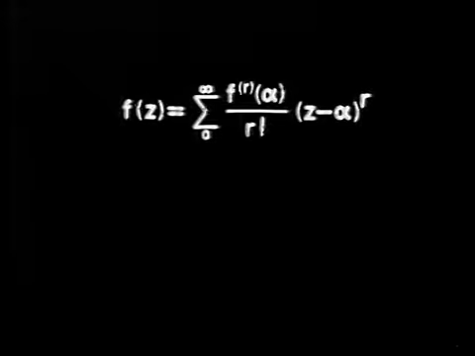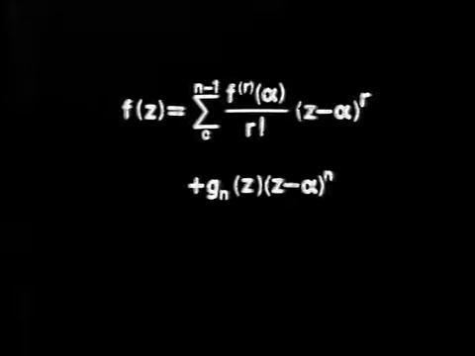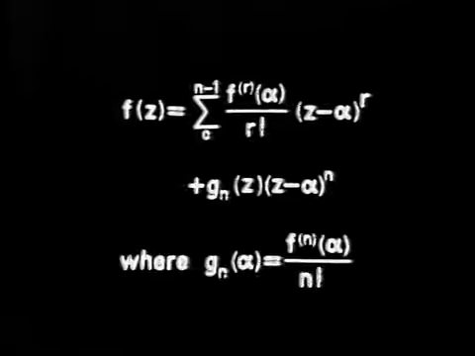You just take the sum up to n-1 and then add on a remainder term involving a function, g_n. And the value of g_n at alpha is given by this formula. We prove in the text that g_n is analytic throughout the domain of f, even at points where the Taylor series might not converge.